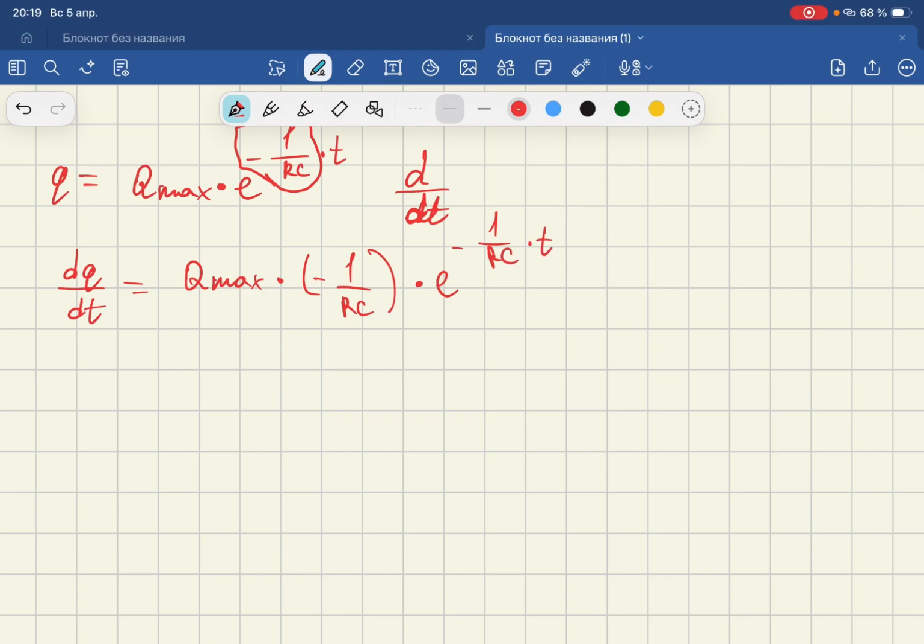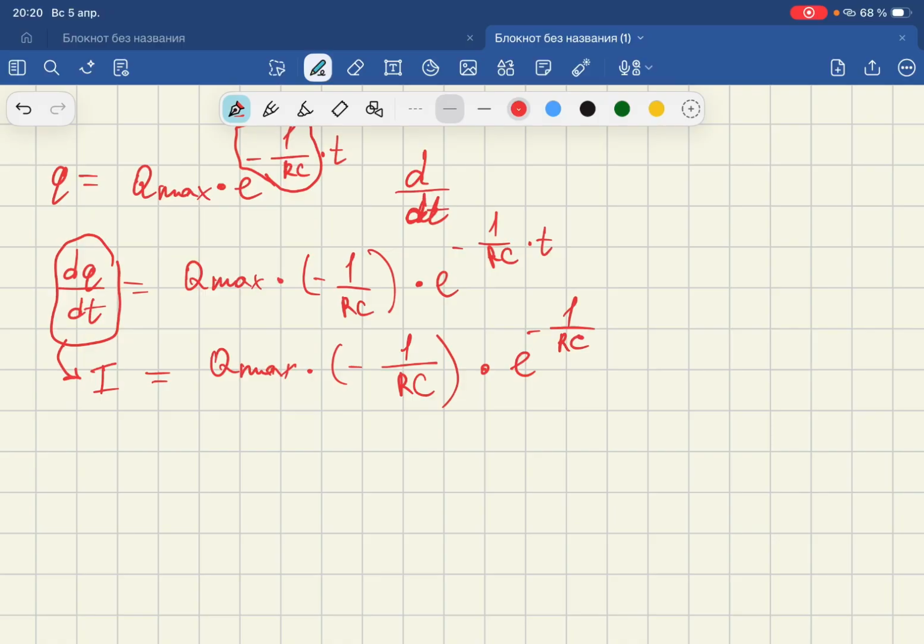So we can see that dq over dt is our current. It gives us current, and the current is equal to q max times minus 1 divided by RC and times e to the power of minus 1 divided by RC times t.